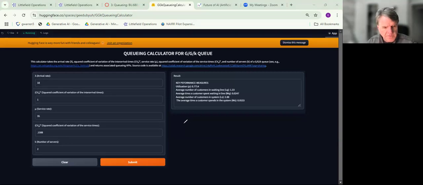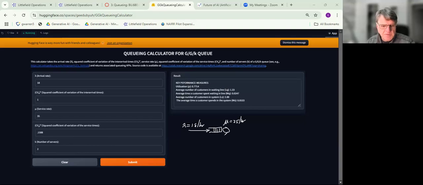Okay, so we've got arrivals. They're coming in at the rate of 18 per hour. They're waiting. Here's the waiting line. And then they're getting service at the rate of 35 per hour.